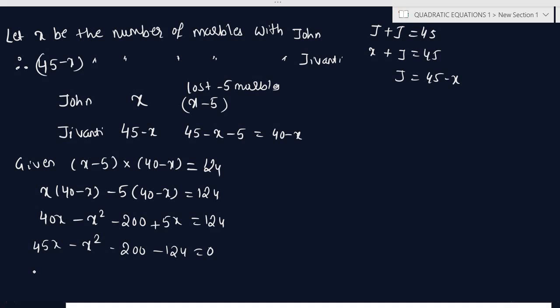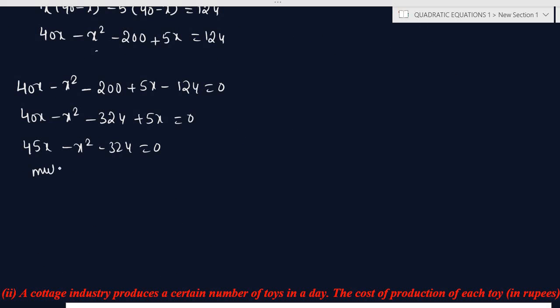See here what happens? 45x minus x square minus 324 is equal to 0. Multiply the whole equation by minus 1, and what happens? x square minus 45x plus 324, because I need x square plus.